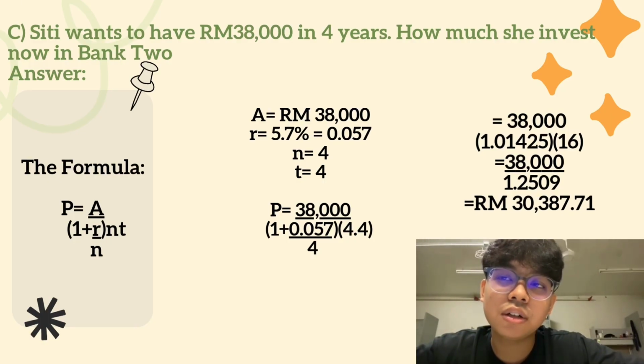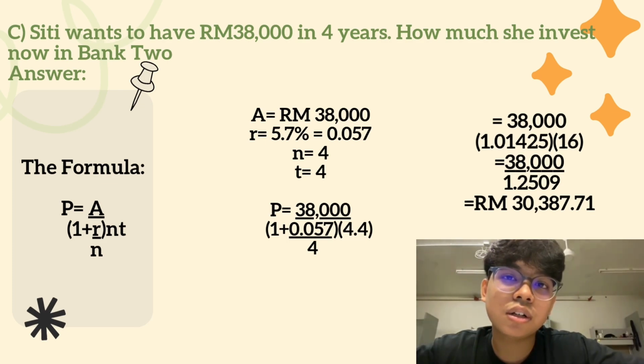So we will use the formula P equals A(1 + r/n)^(-nt). A equals 3,800 ringgit, R equals 5.7% equals 0.057, and N equals 4, T equals 4. P equals 3,800(1 + 0.057/4)^(4 × 4).